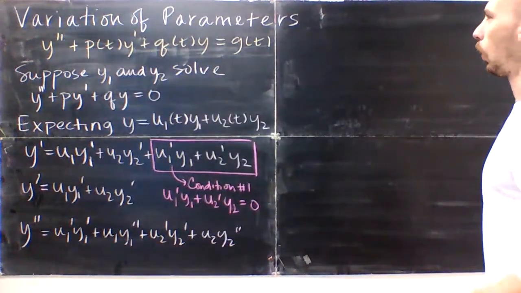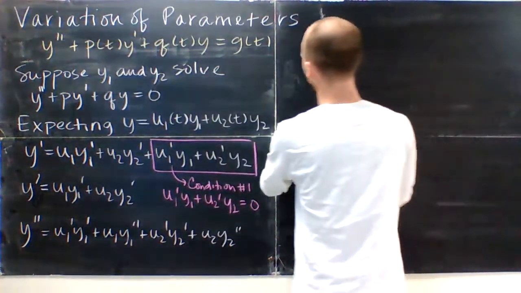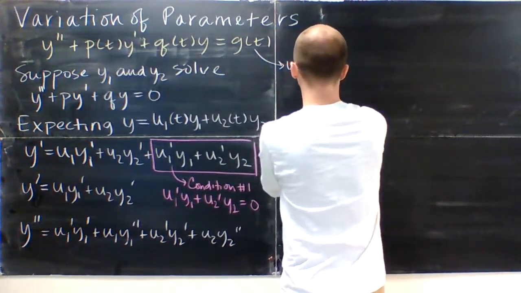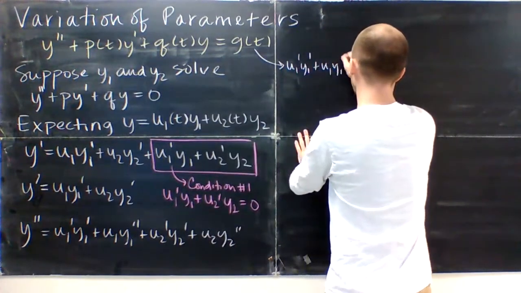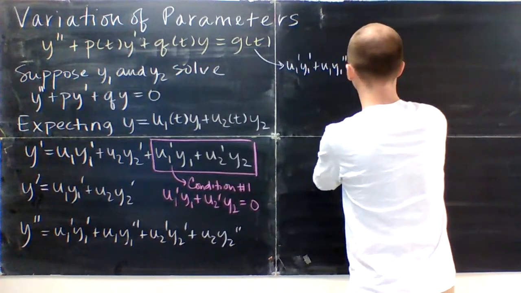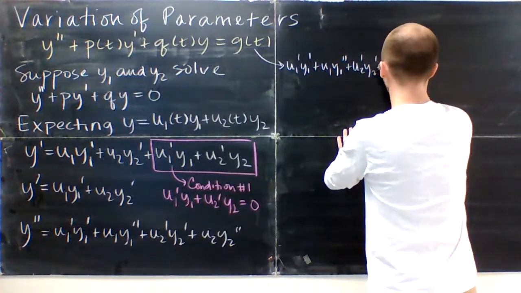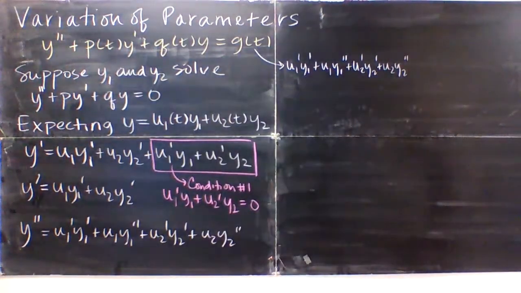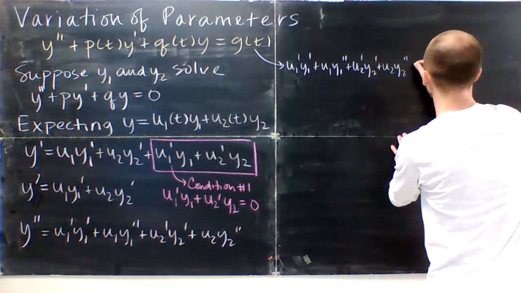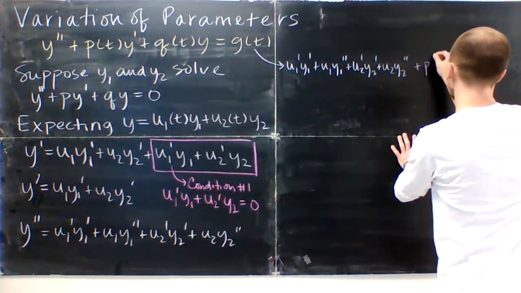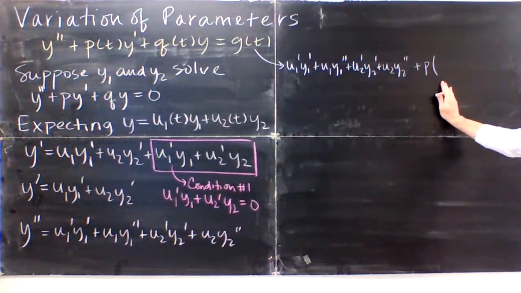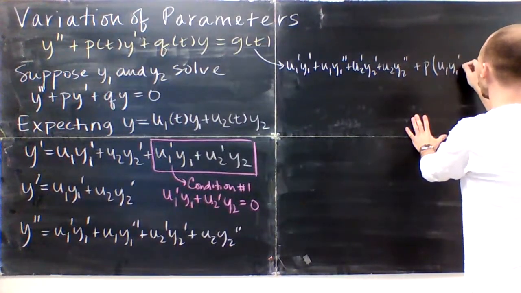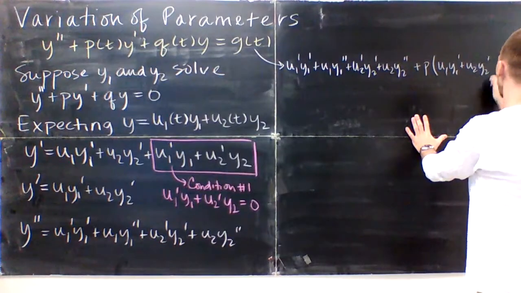So y double prime is u1 prime y1 prime and so on, that's y double prime, I copied down, plus p times y prime, which is u1 y1 prime plus u2 y2 prime.